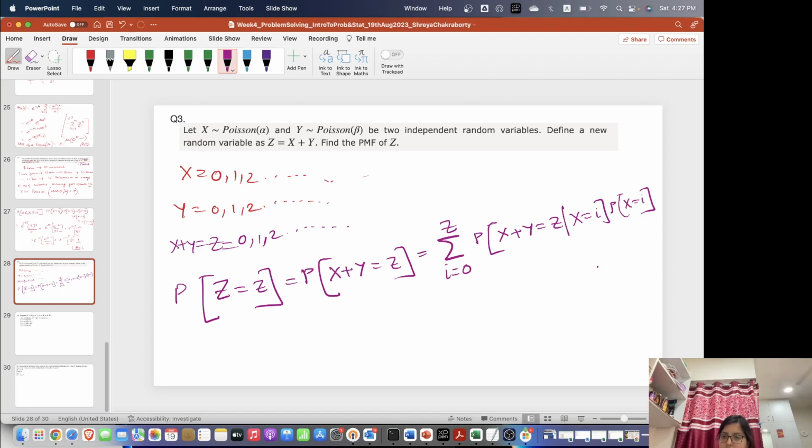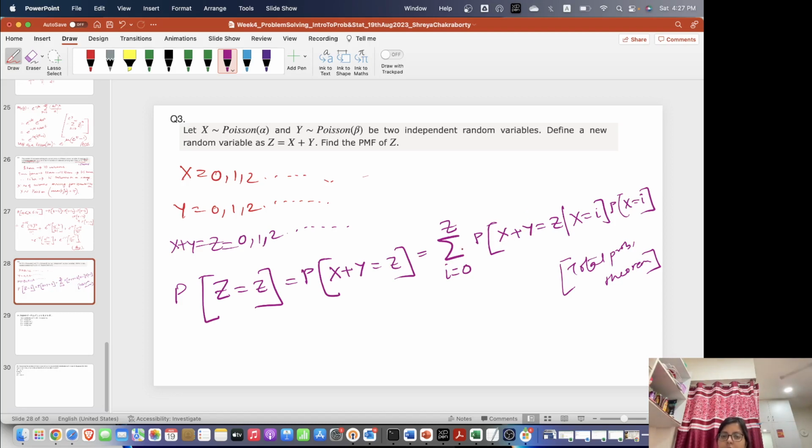This is by the total probability theorem. So x can take 0, then given x takes 0, y has to take z minus 0.